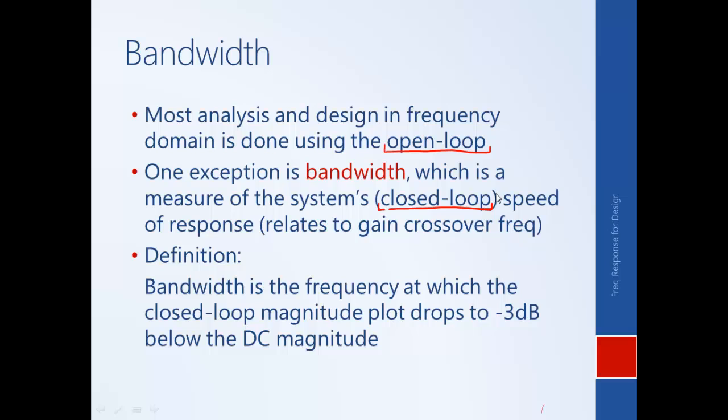It might be a 100 gain amplifier or something. And so there we wish to know at which point is the amplifier no longer able to keep up, where its output is no longer able to maintain that 100 gain. We won't talk about bandwidth too much in this class, but I thought we would introduce it because it's such a prevalent property.